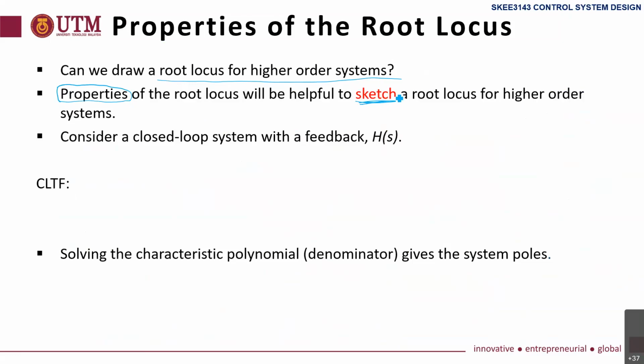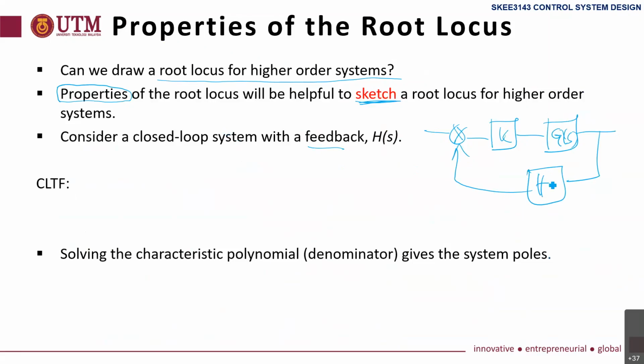Let's start by considering a closed loop system with a feedback H(S), a normal one, K G(S) H(S).